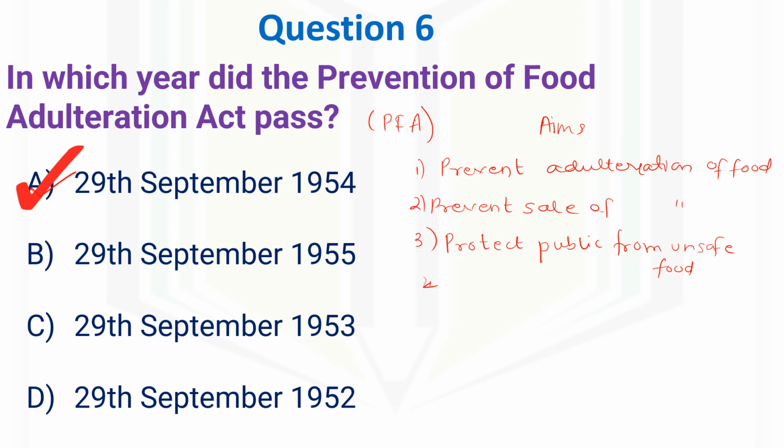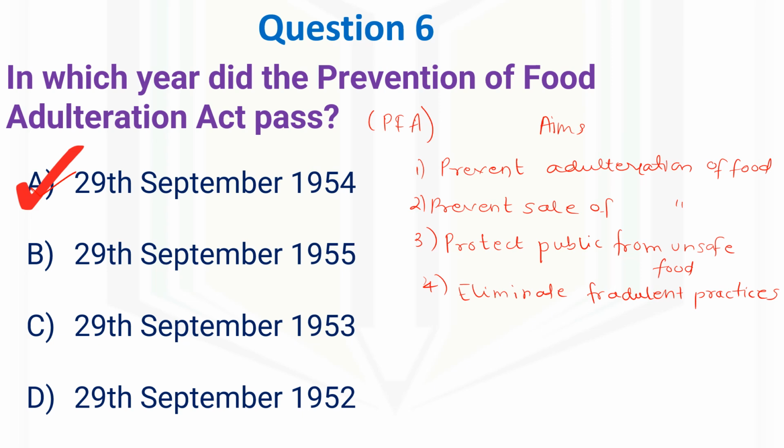And the fourth one is to eliminate fraudulent practices. That is unsafe methods of production of the food or any adulteration being added, such practices have to be eliminated.